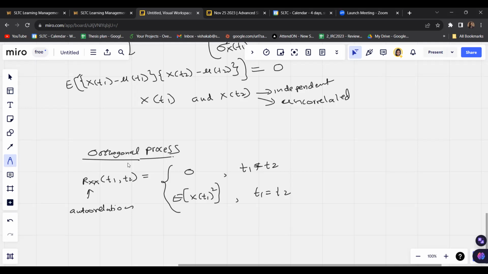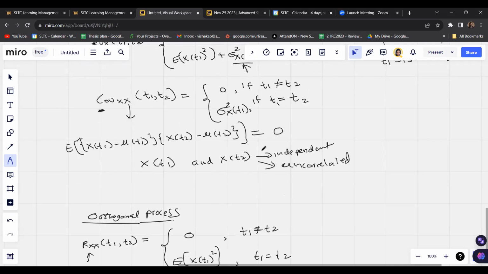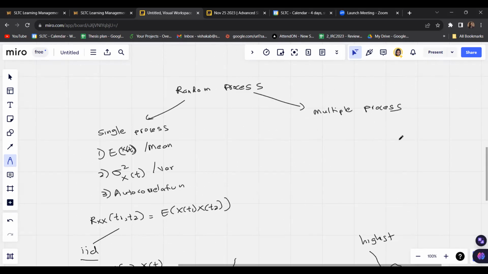If you are asked whether a certain process is orthogonal, you need to find the autocorrelation function. Then if a certain process is zero mean, it is both orthogonal and uncorrelated because the autocorrelation function equals the covariance function. So there's another concept that you can remember for all the random processes in general.